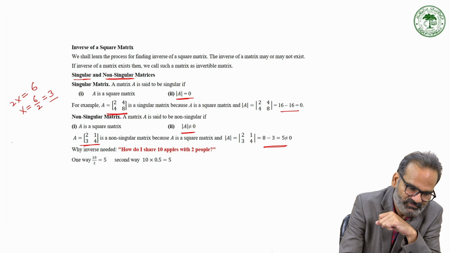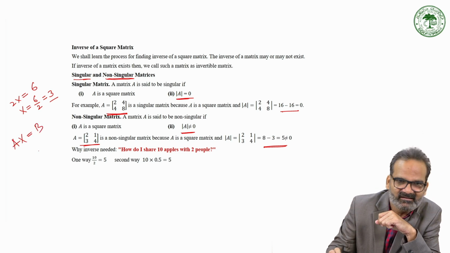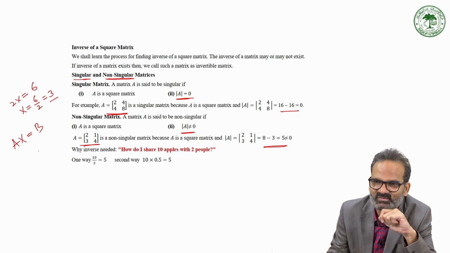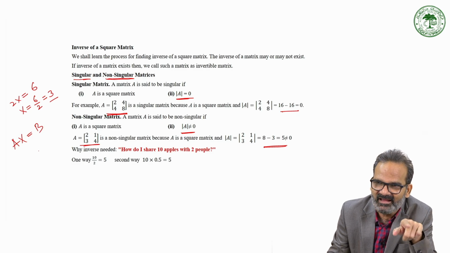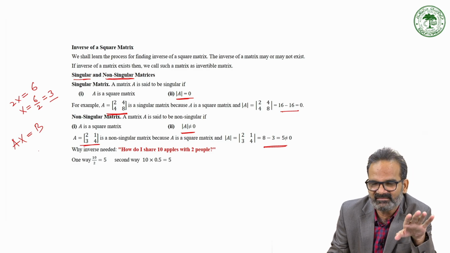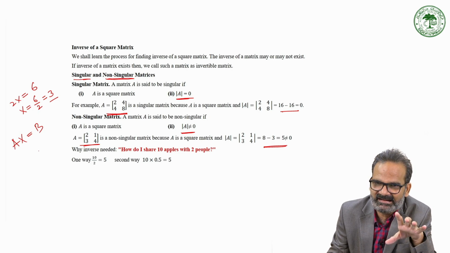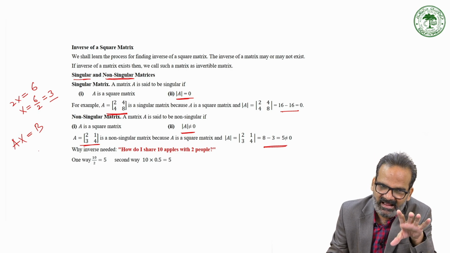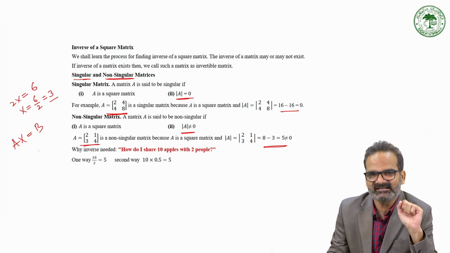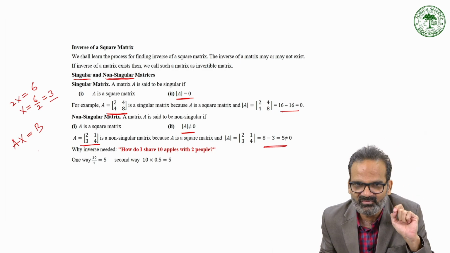But if you have an equation AX equals B, you cannot write x equals B upon A, because A, X and B are all matrices. Clear? We cannot use the operation of division in case of matrices, and the substitute for the operation of division is the concept of inverse.